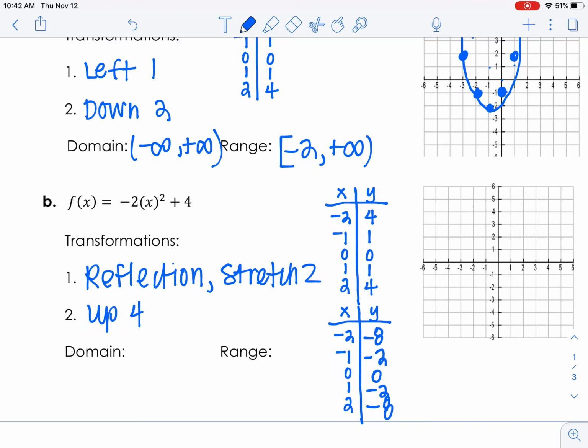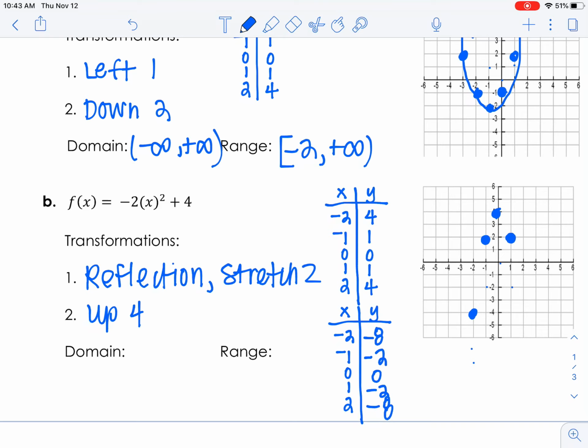Then we're going to bump them all up by 4. So -2, -8 would go down there, but then we go up 1, 2, 3, 4 to -4. -1, -2. Now we go up 4 to +2. 0, 0, up 4. 1, -2, up 4.